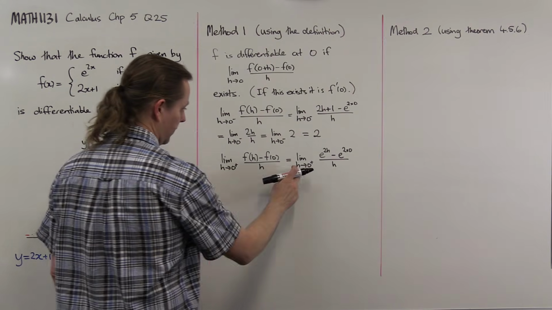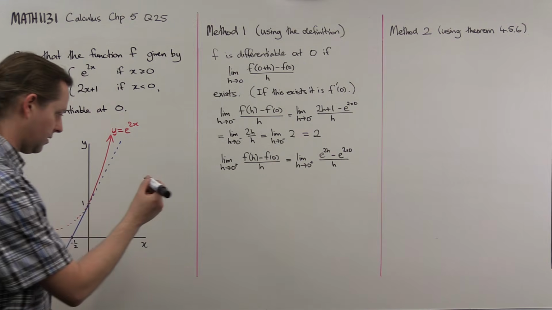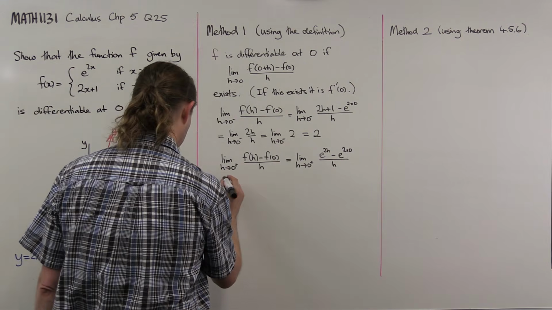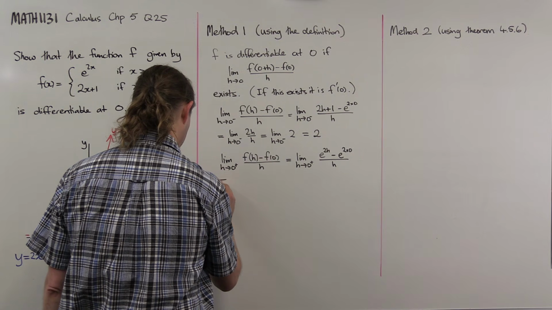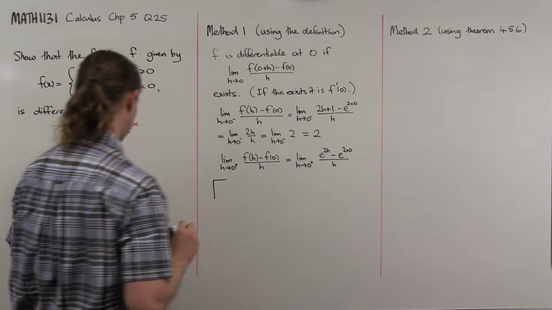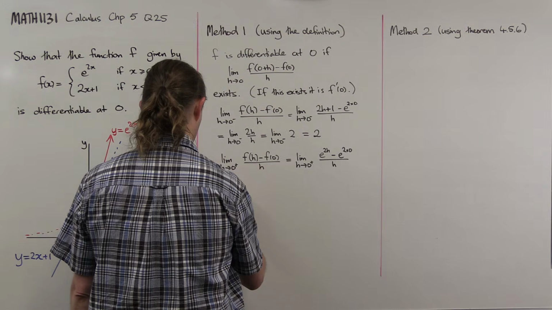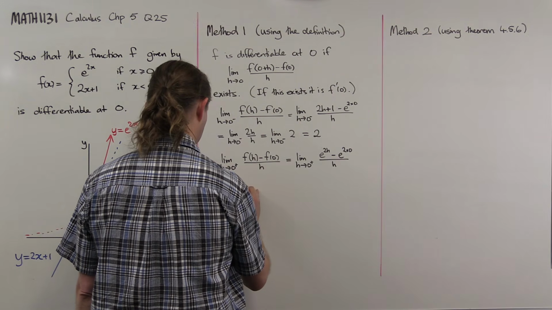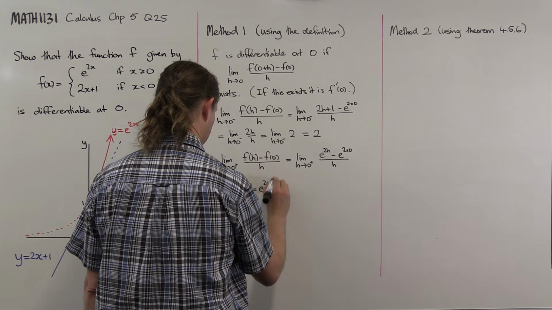Well, this limit here. Let's just do a little aside and see if we can see how that might be related to the derivative of the function that's defined on the right. So let p of x be e to the 2x.